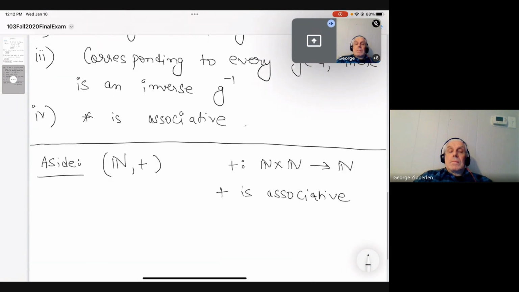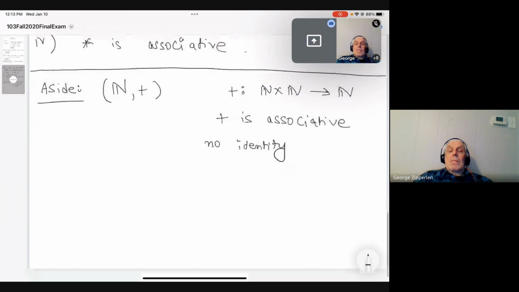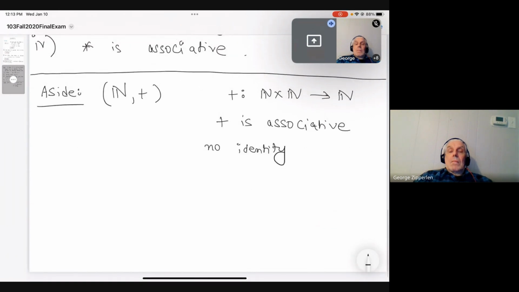Well, first of all, we don't have identity. Because if we only have positives, 1, 2, 3, there is no zero, right? So there is no number that nullifies your operation in some sense. So identity is missing. And if we talk about inverses, we don't have negatives, so there are no inverses either in this set.